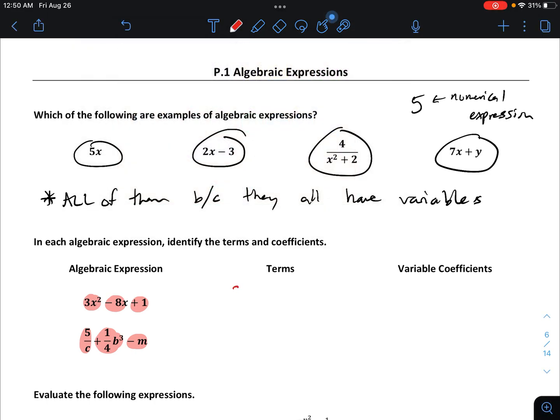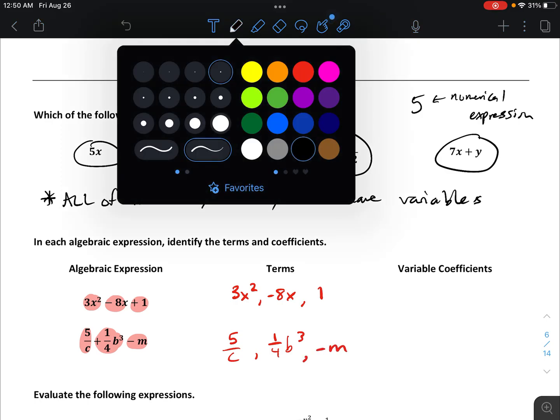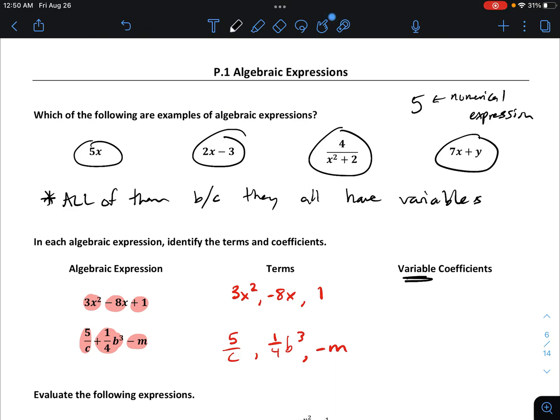So in the first one, we've got 3x squared, we've got a negative 8x, don't forget that minus sign, and we've got a positive 1. In the second one, we've got 5 over c, we've got a positive 1/4 b cubed, and we have a negative m.